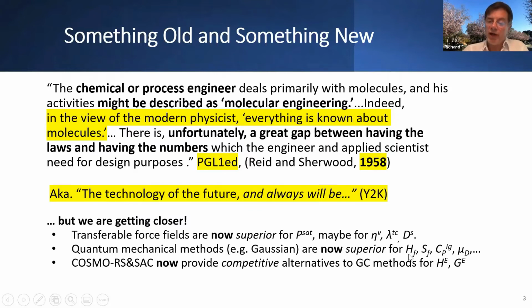For the ideal gas properties, it's pretty demonstrable that the quantum mechanical methods are superior to any kind of group contribution method. And I guess I said this before, but the COSMO-RS type methods are competitive. I can't say that they're better, but they're pretty close.